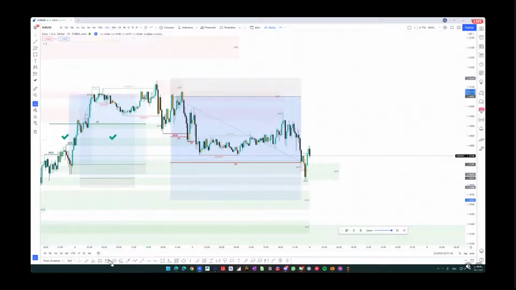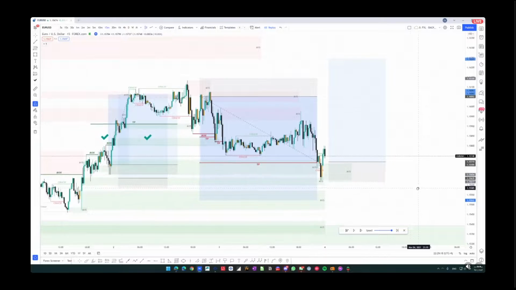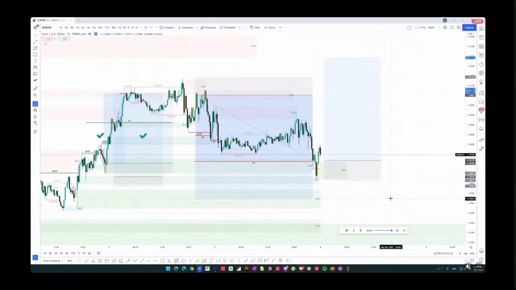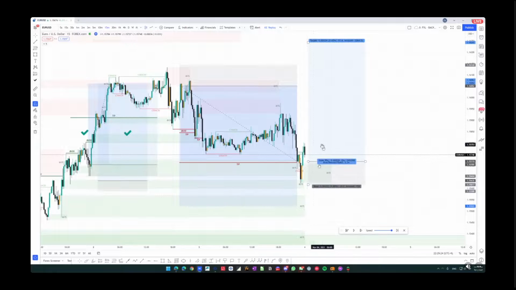Technically, yeah, we can look for longs if it comes back down. But this long should come with confirmation on the 1 or 5 minute, because I won't go full limit here. We're on the 15, so technically, this should be enough to give us confidence.